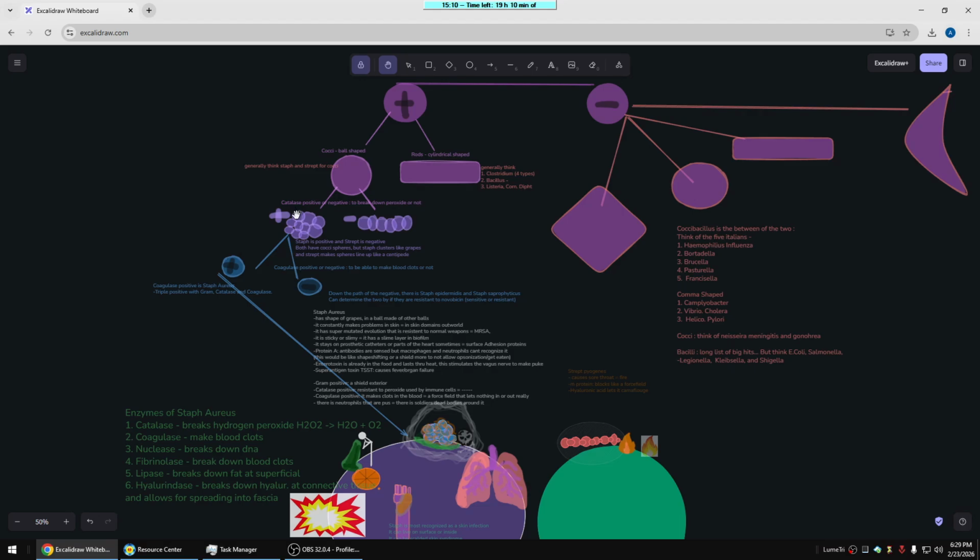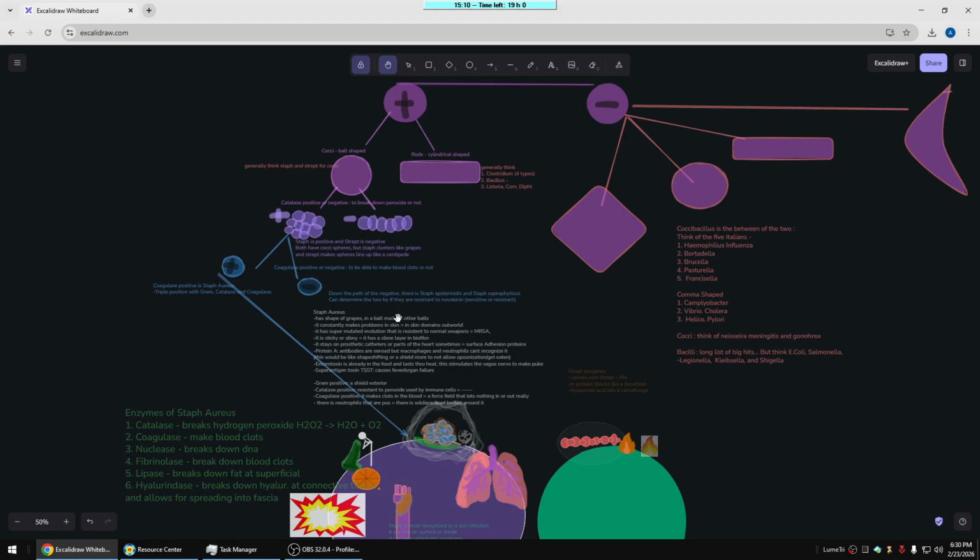Then in the third of the positives, there's the second enzyme. First enzyme for the second positive is whether or not to break down peroxide. On this side, there is staph, and on this side, there's strep. On the coagulase side, there's only aureus left on the positive, and on the negative side, there is epidermidis and saprophyticus. But you can still decide if it's epidermidis or saprophyticus based on if it's resistant to novobiocin, sensitive or not sensitive.